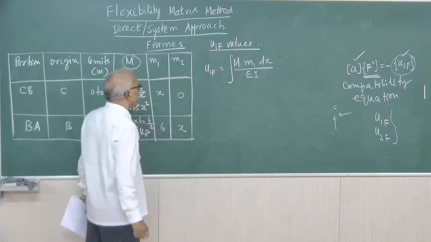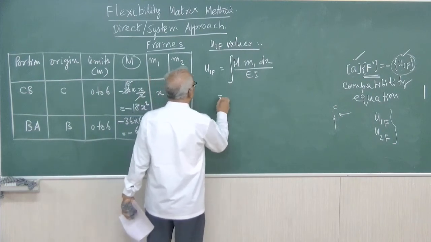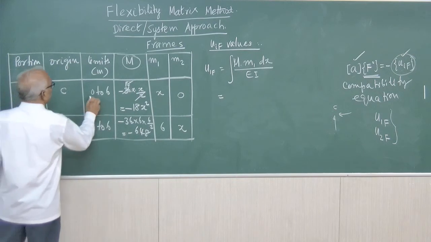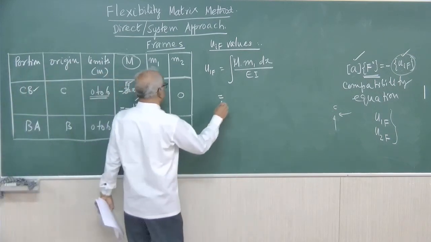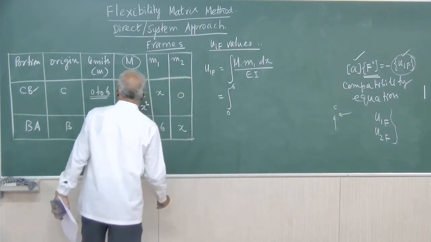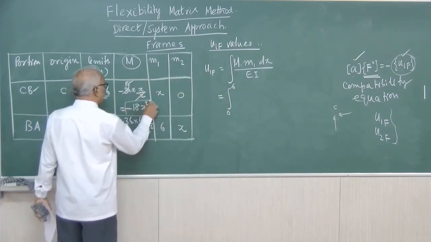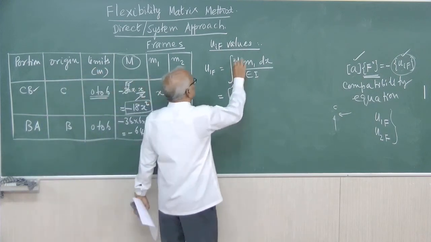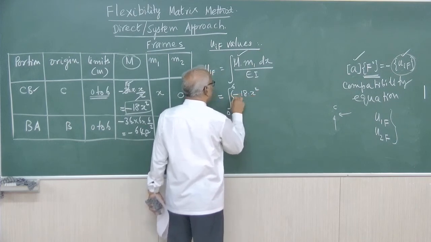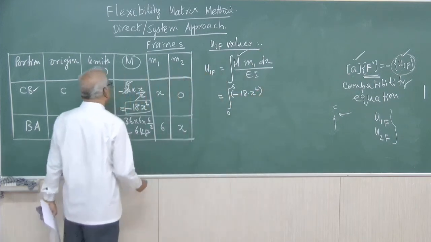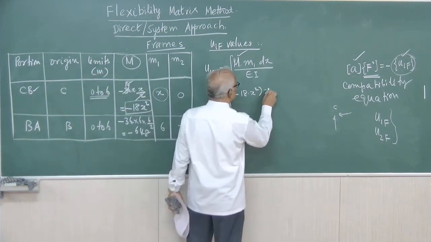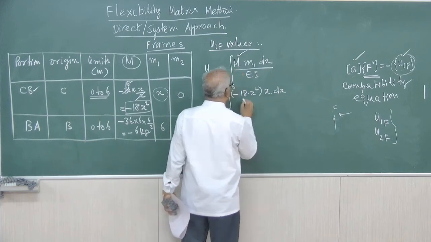Here, for the portion CB, integration will be 0 to 6. M is minus 18x square, into M1. M1 is x. So, into x into dx by EI.